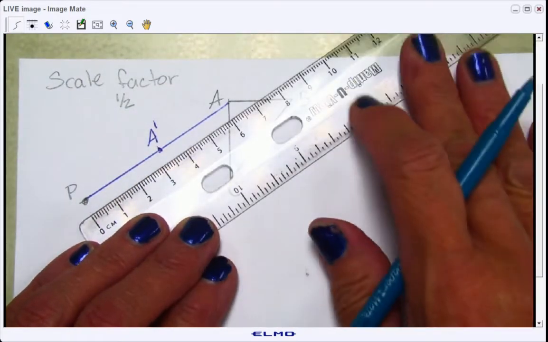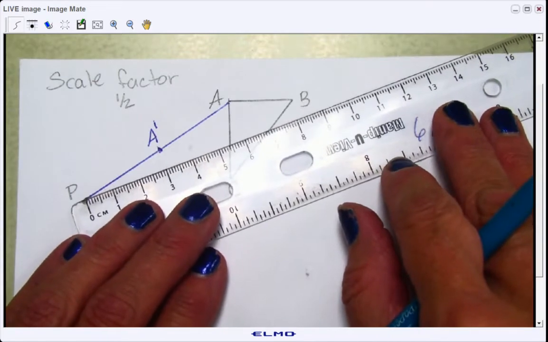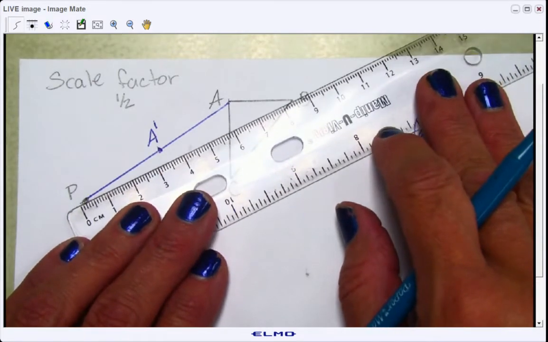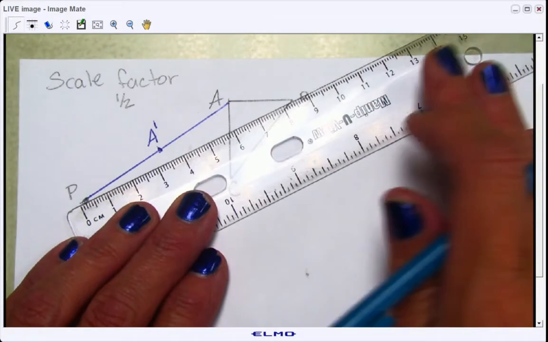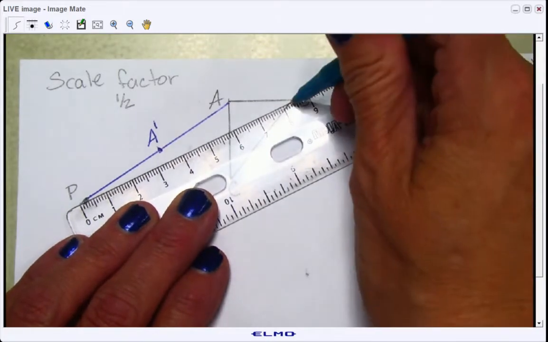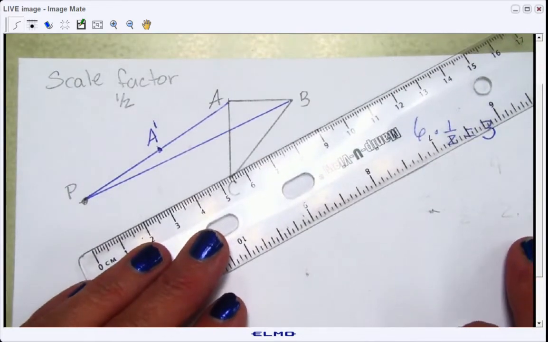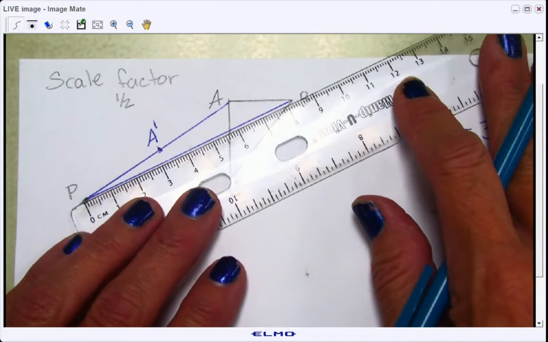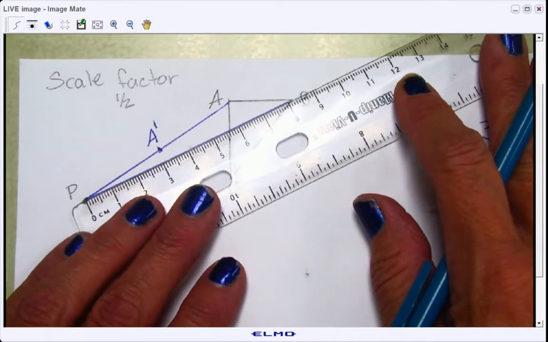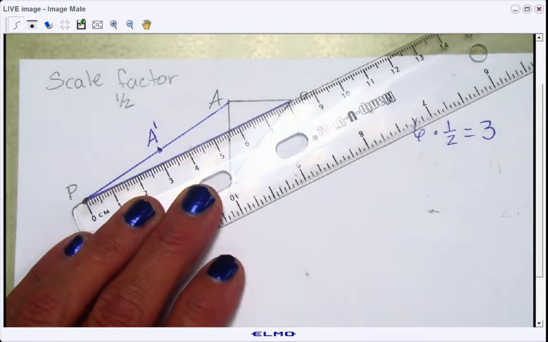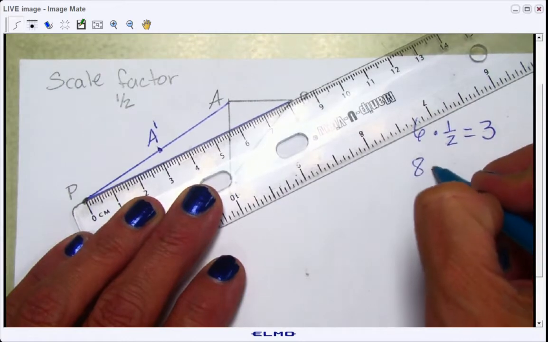So then I'm going to go to B. I go from the fixed point, go to B, and I draw a line. Then I measure that line. Right about 8. It's a little off, but it's right about 8. So I want half of 8.